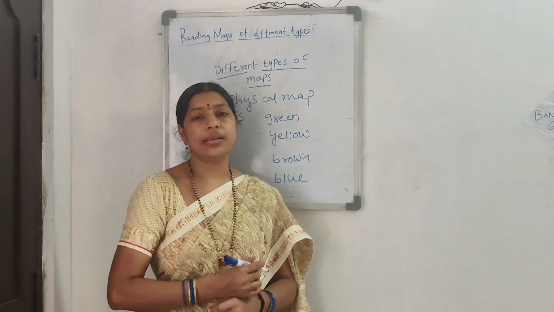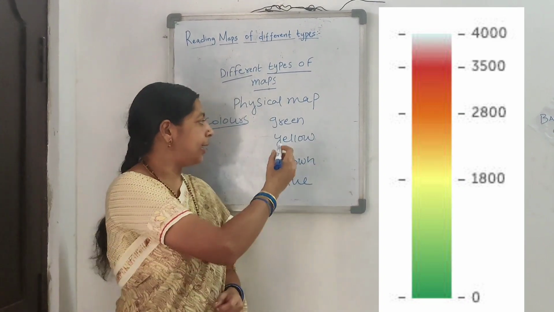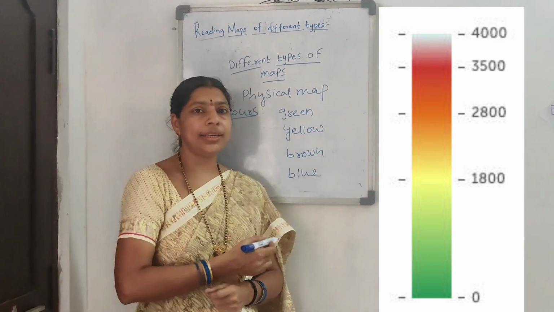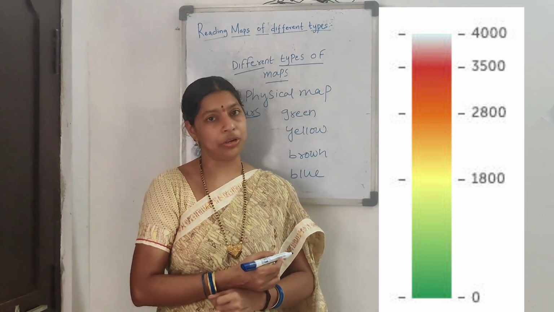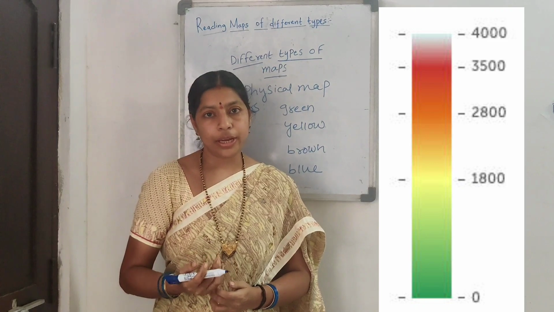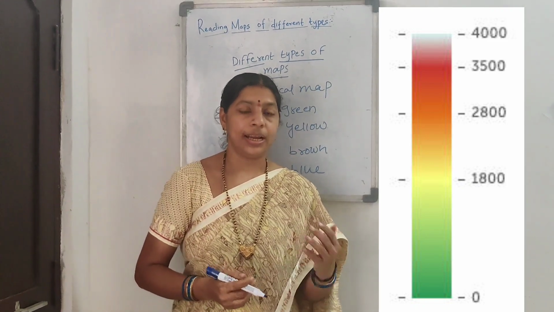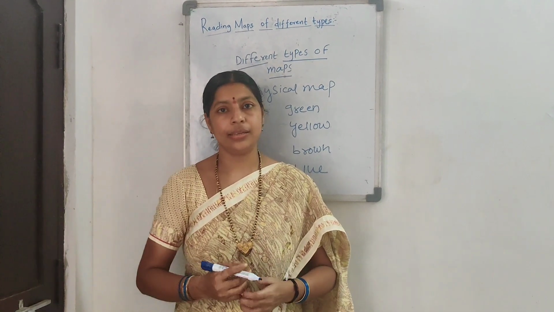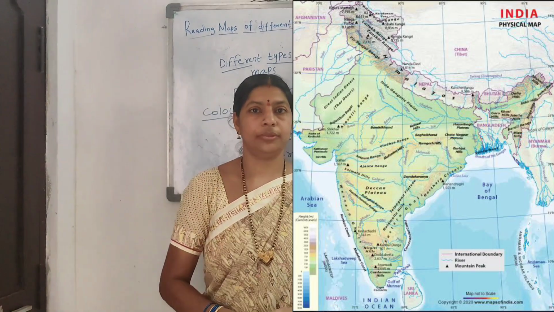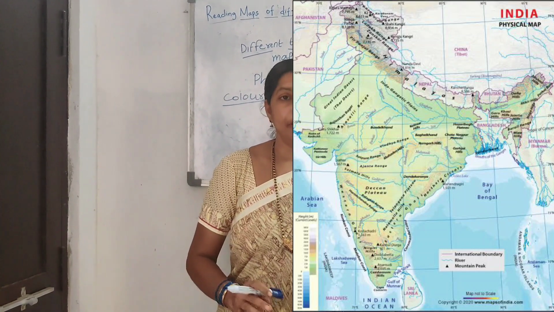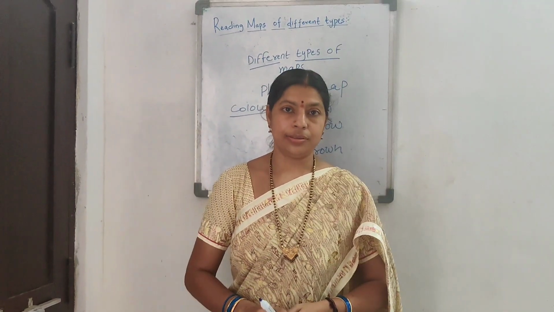Green color indicates plains, yellow color indicates plateaus, and brown color indicates hills and mountains. Blue color indicates water bodies like oceans, seas, rivers, lakes, etc.